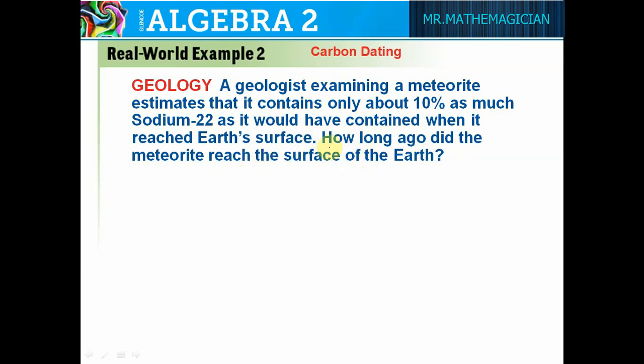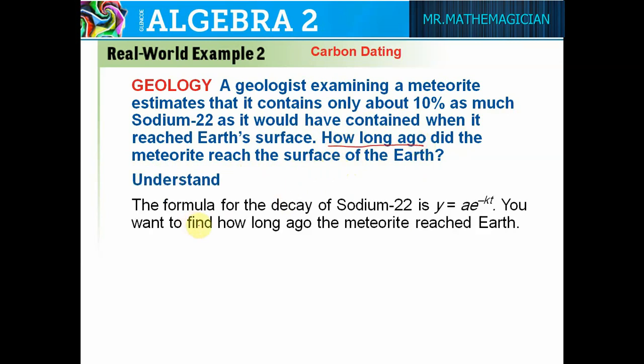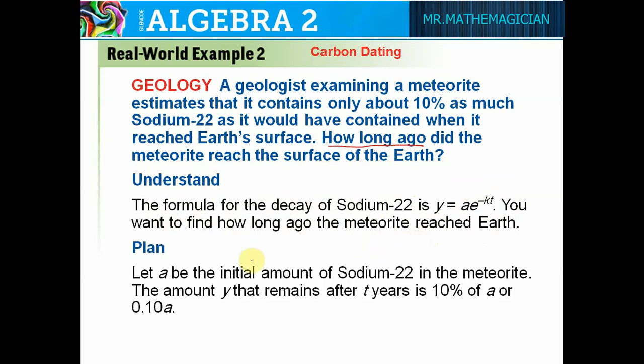How long ago means we need time. Let's understand the situation. The formula for the decay of sodium-22 is y equals a e to the negative kt. It's decay, so k is negative. You want to find how long ago the meteorite reached Earth, meaning you need to find t.